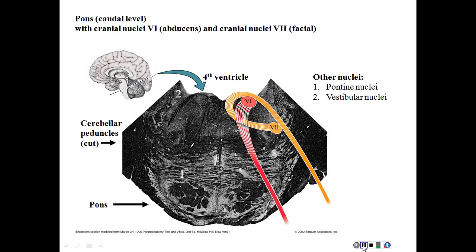Now, at this picture, where we've lopped off these peduncles that connect the pons to the cerebellum, we find two more cranial nuclei. We find 7 and 6.